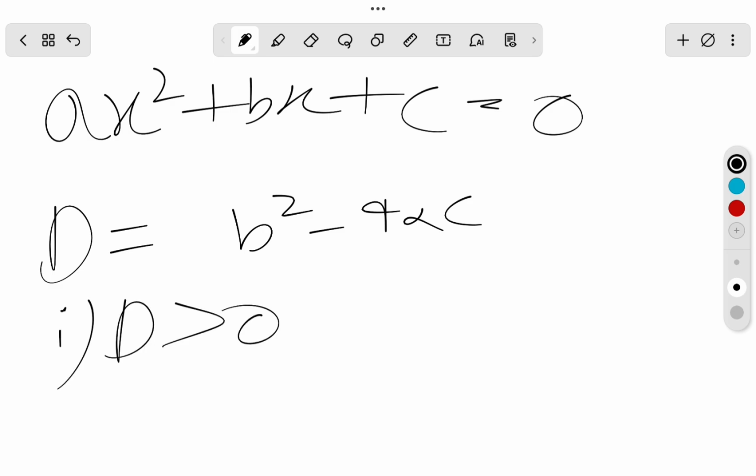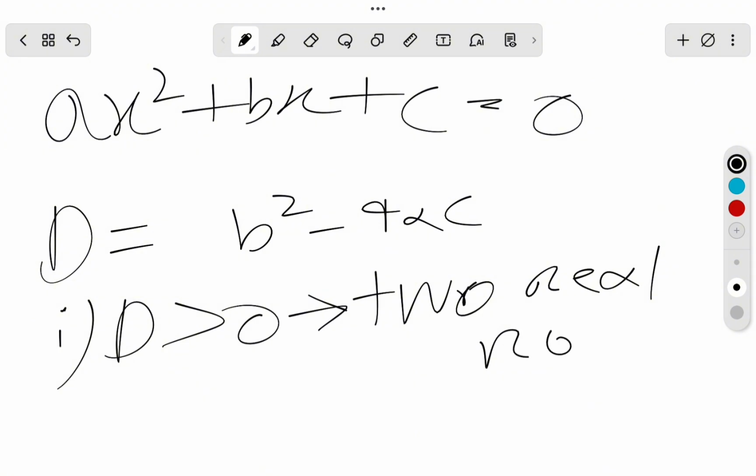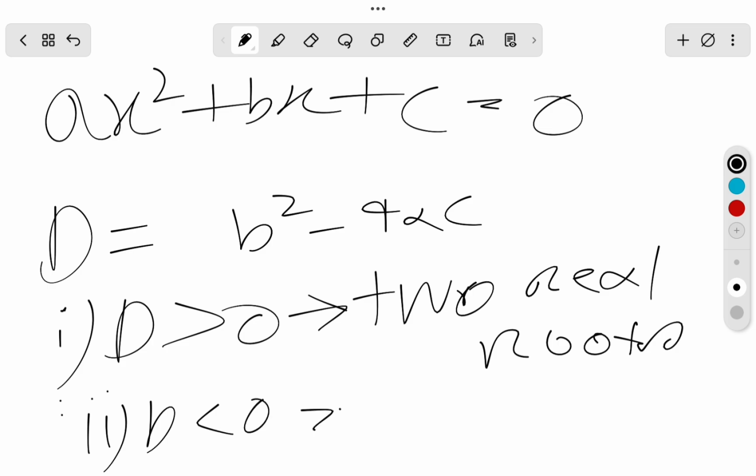case 1, if D is greater than 0, then it has 2 real roots. If D is smaller than 0, then it has no real roots.